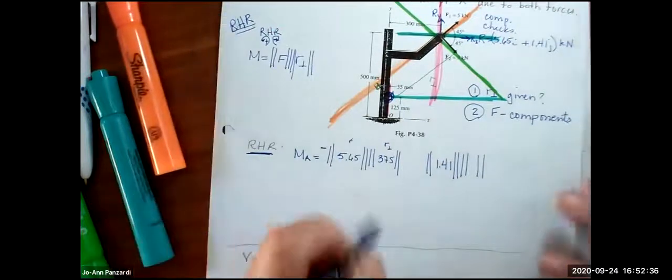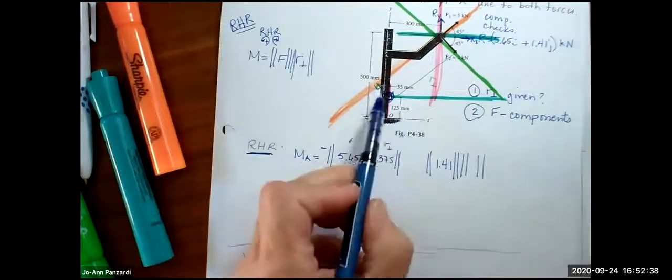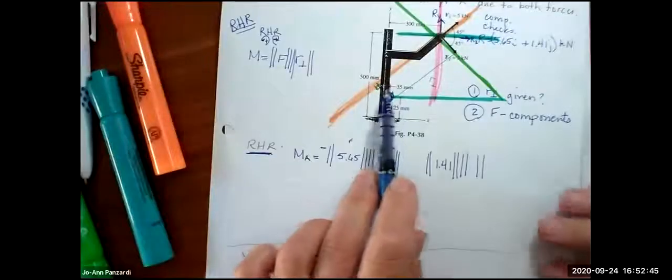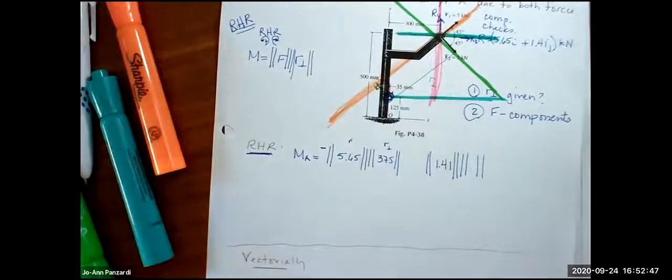What is the perpendicular distance? This might be hard for you to read. I don't know if you could see this. Is it 300 minus the 35? Yes, I think that's halfway. Let me just look on my better picture.